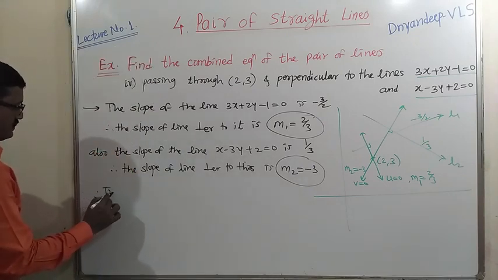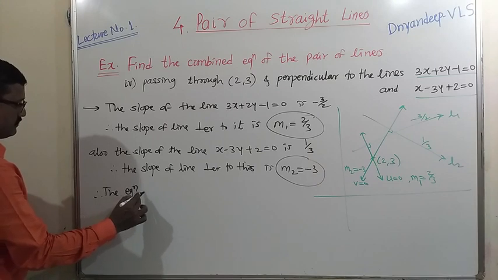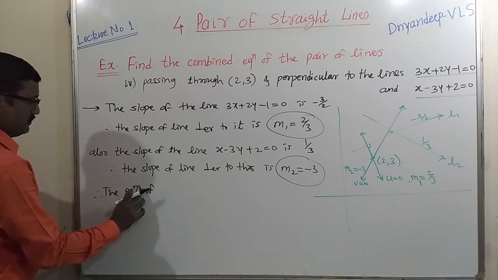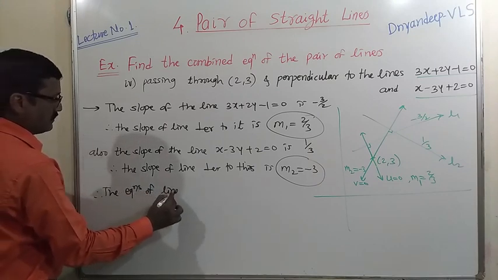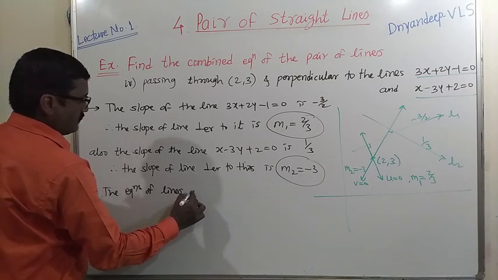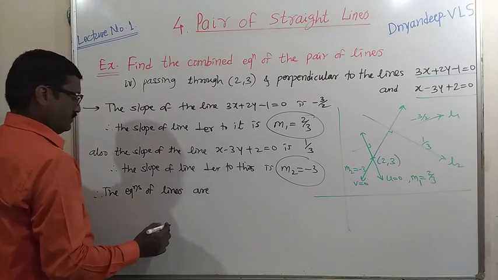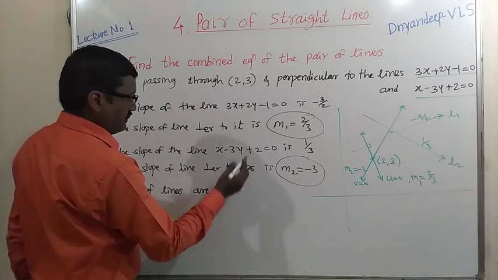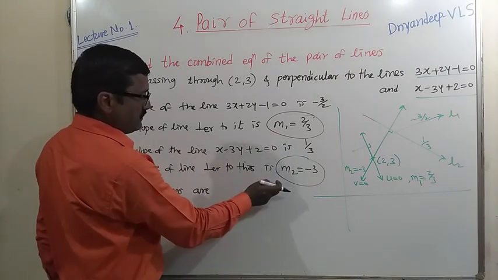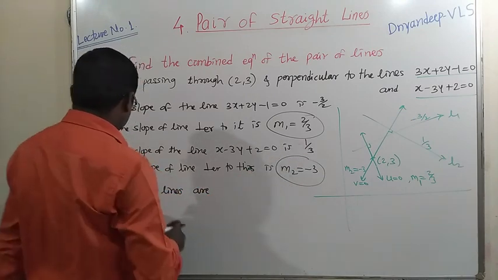Therefore, the equations of lines are y minus y1. We can use it now, since the slope is given and the lines pass through 2, 3.